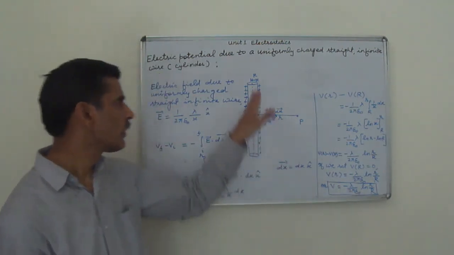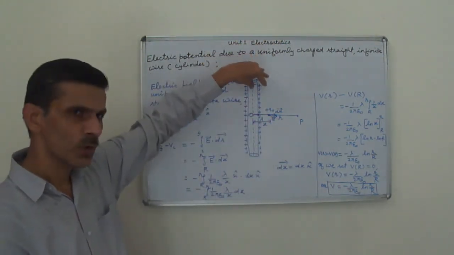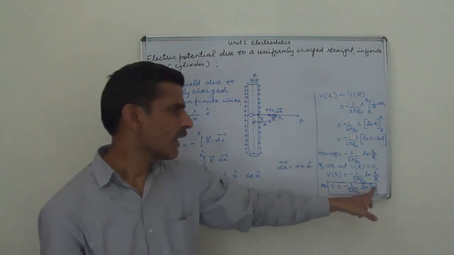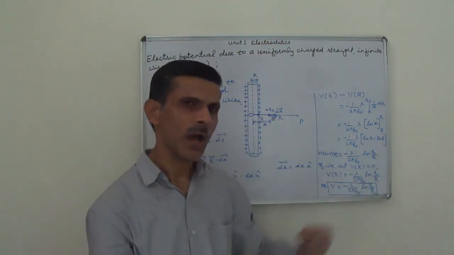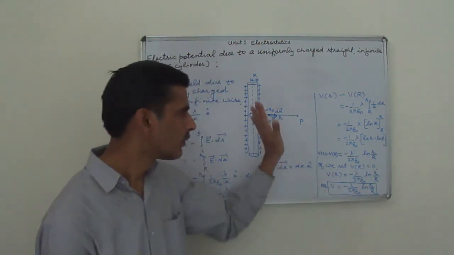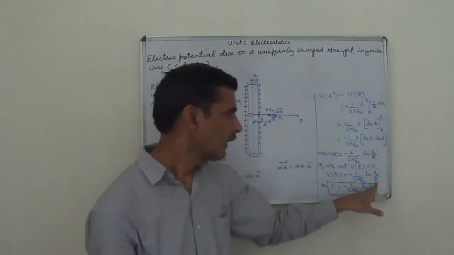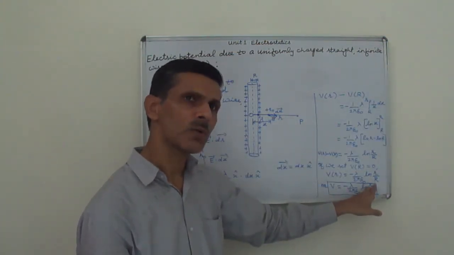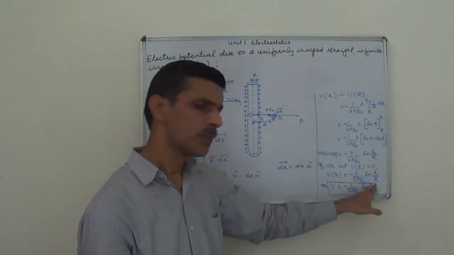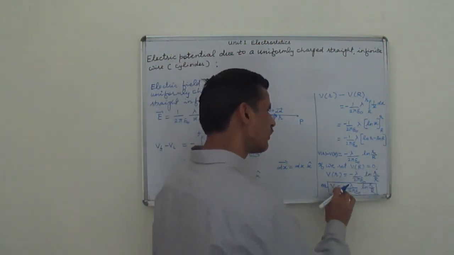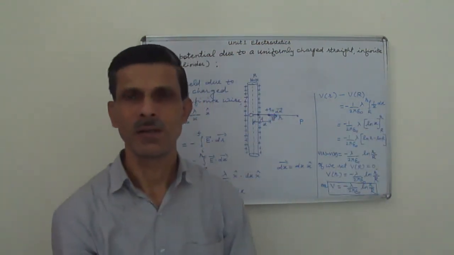Here you can see we have assumed potential 0 on the surface of the wire, and potential at finite distance small r is negative, and at infinity this small r becomes infinity, so V is equal to minus infinity.